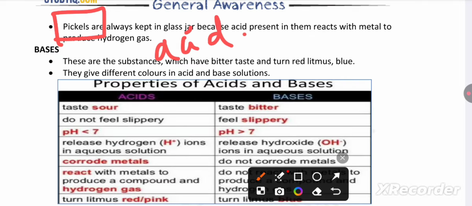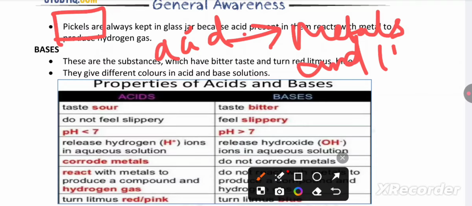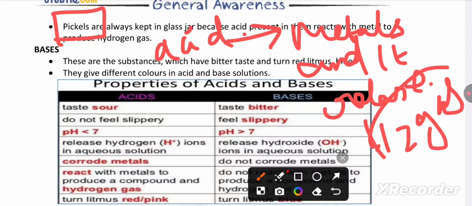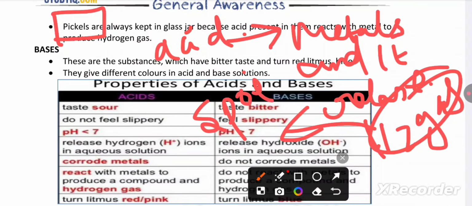Acid is usually very reactive with metals, and it releases hydrogen gas. If that reaction occurred in the pickle, we know it would spoil and a smell would come.